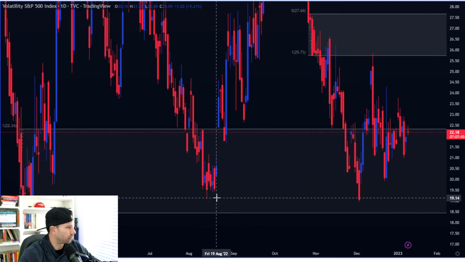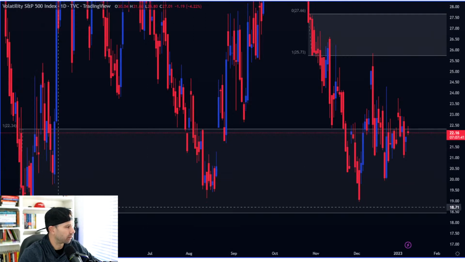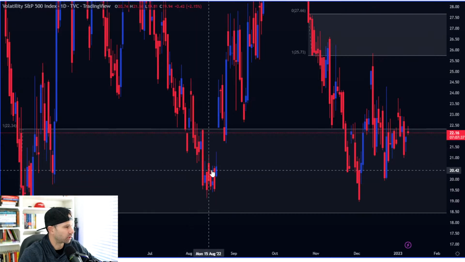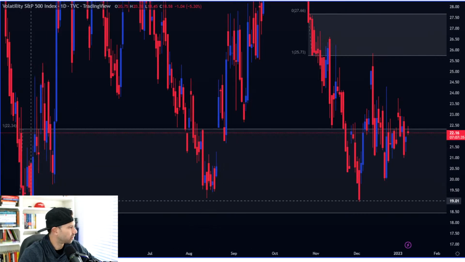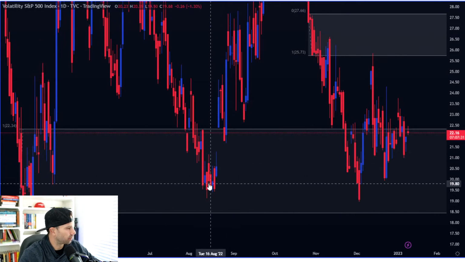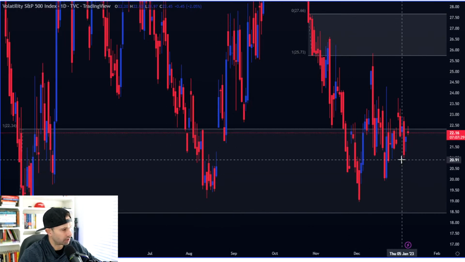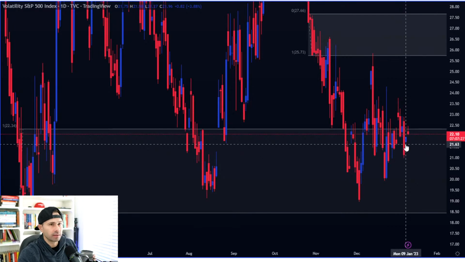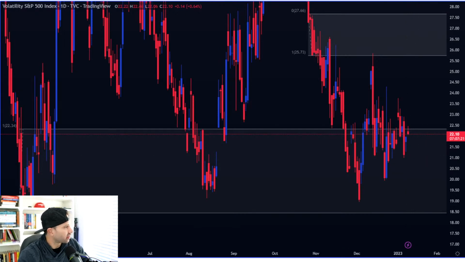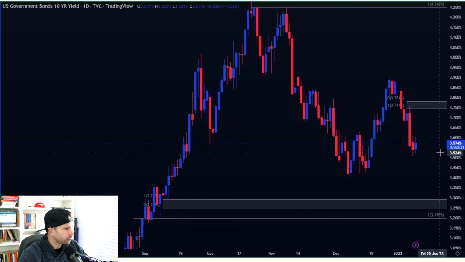Like here, we actually came below this pivot, meaning that we're grinding into this demand, right? So this one is not affecting us, but this one. And we've been here since April, August, December, now January, okay? So that is the VIX.